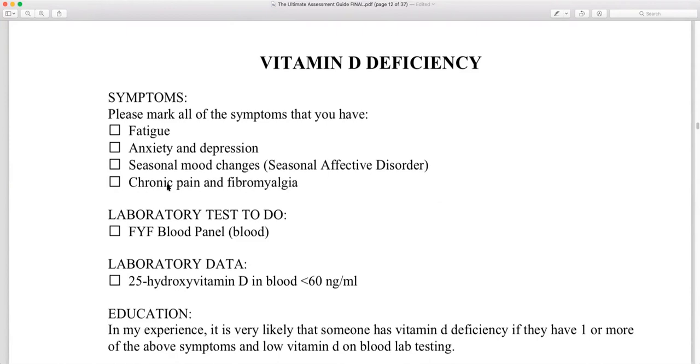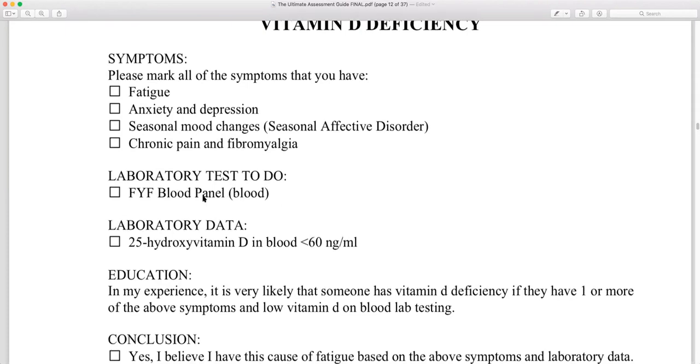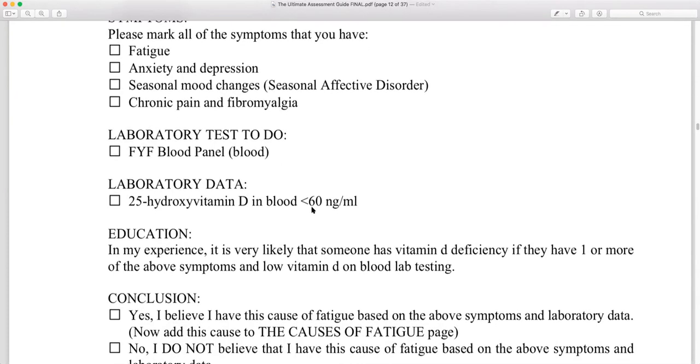And then moving into vitamin D deficiency: fatigue, anxiety and depression, seasonal mood changes, so seasonal affective disorder, getting more depression during the winter, chronic pain and fibromyalgia. The test that we have for this is the blood panel test, and we want levels to be above 60.